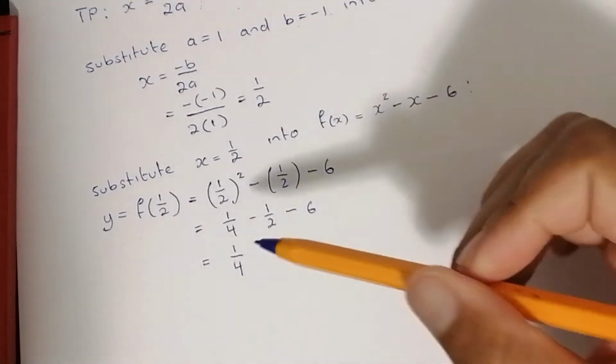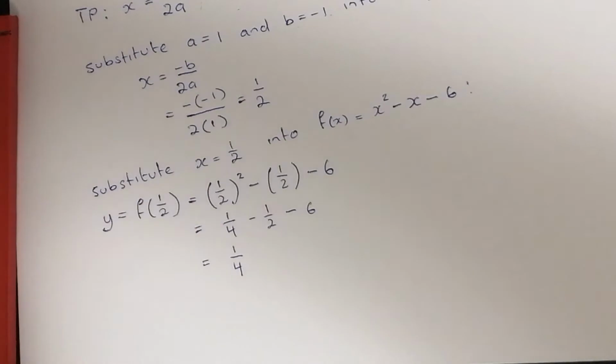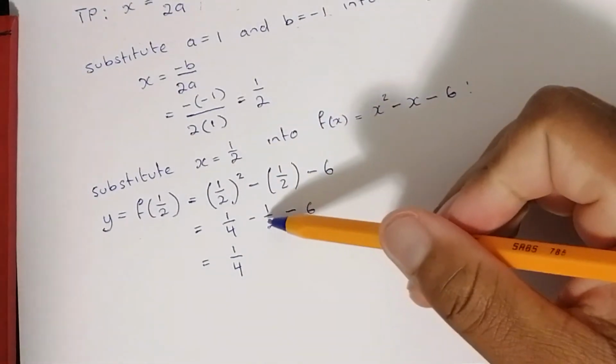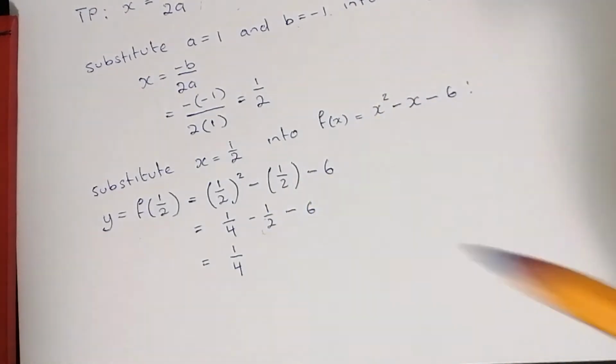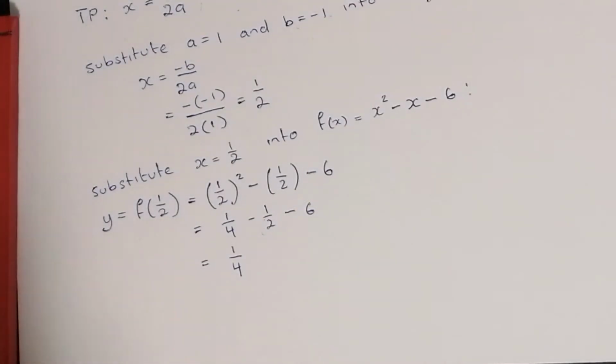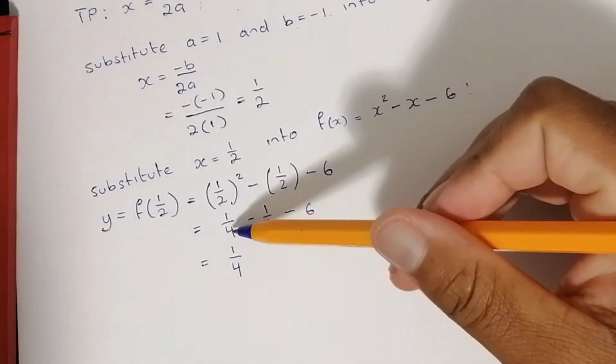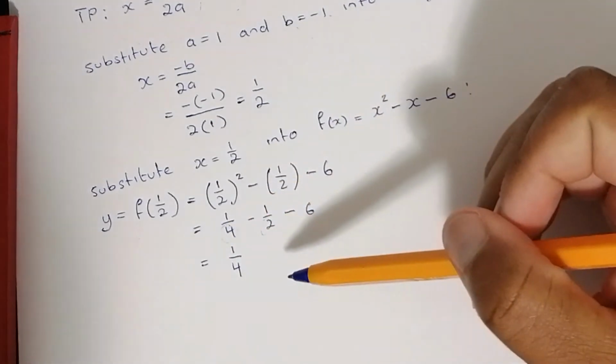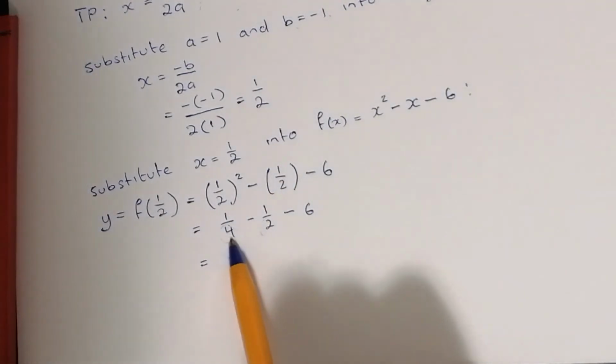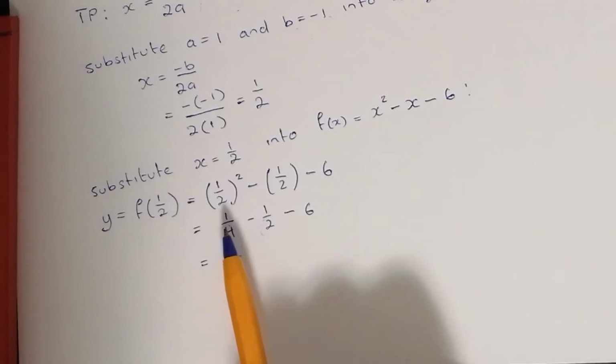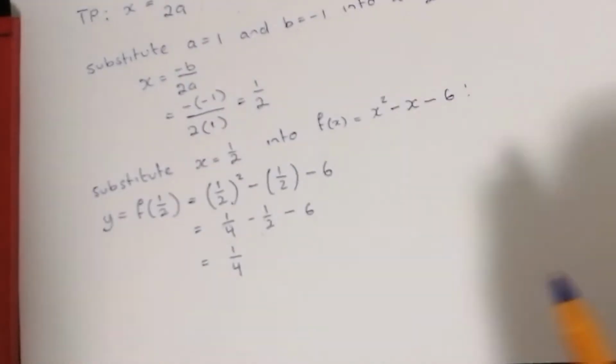And then we have 1 over 4 minus 1 over 2 minus 6. Then you remember, when you add fractions together, you need to find the common denominator, the lowest common denominator, and to do that we're going to use 4 in this case. So we want our denominator for all these 3 terms to be 4.